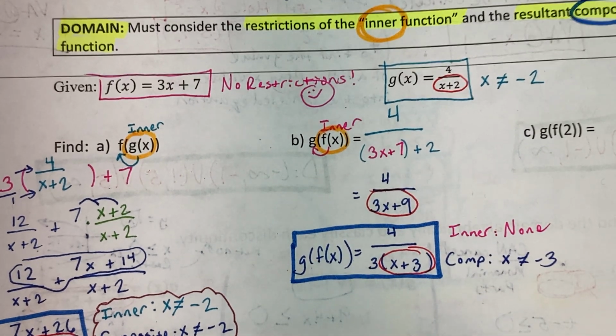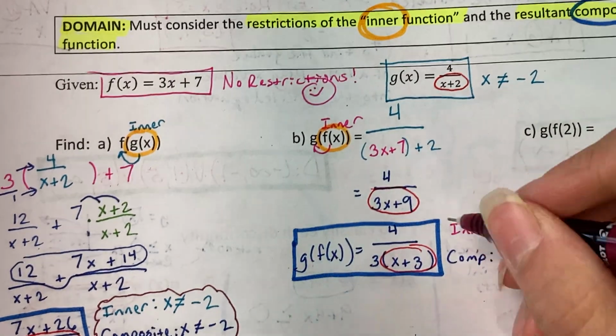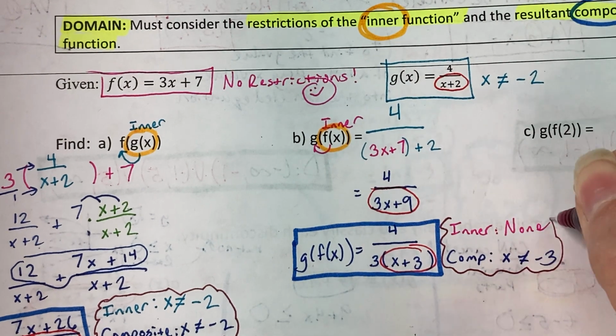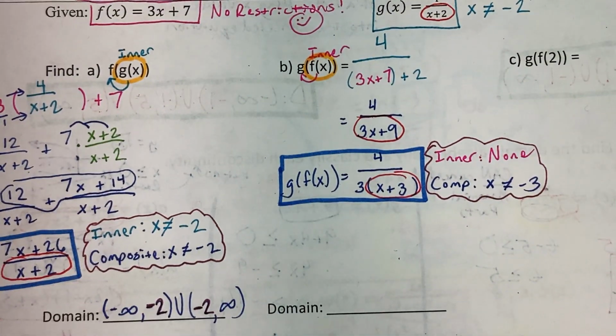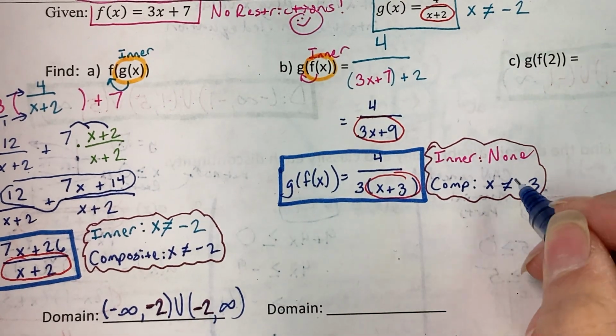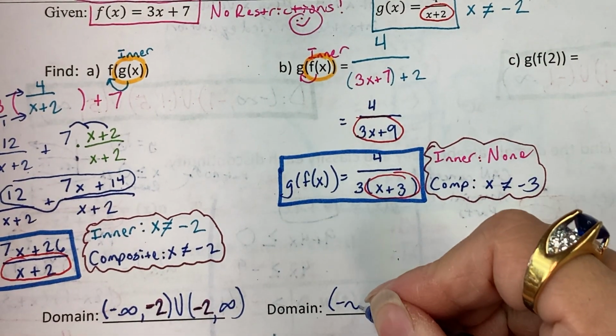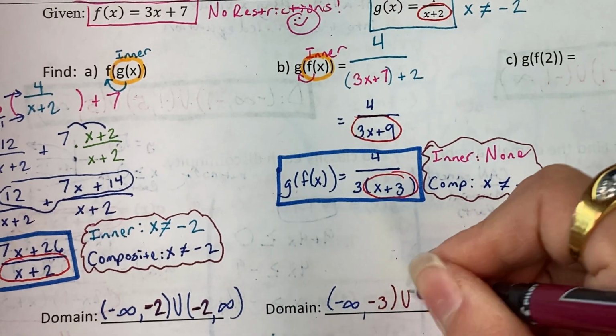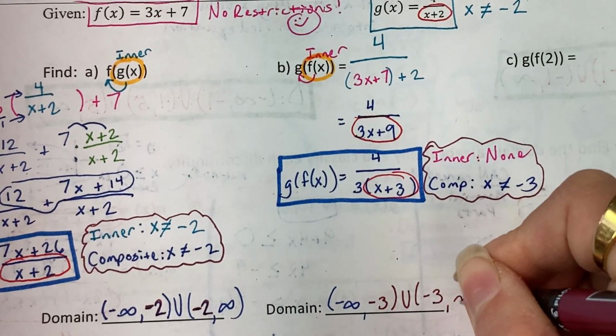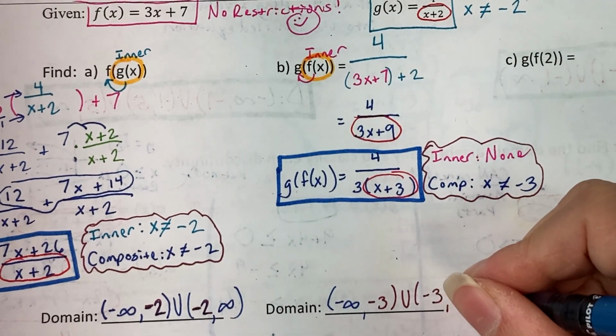So now, considering only these restrictions, what will the domain of my composite be? Well, it's all real numbers except for -3. So negative infinity to -3, union -3 to infinity.